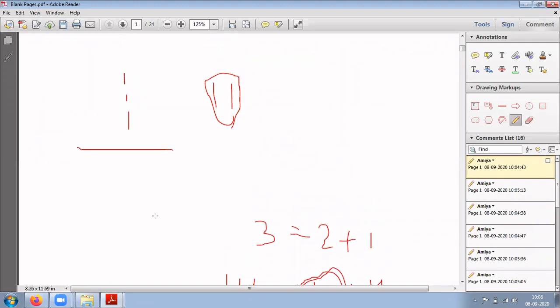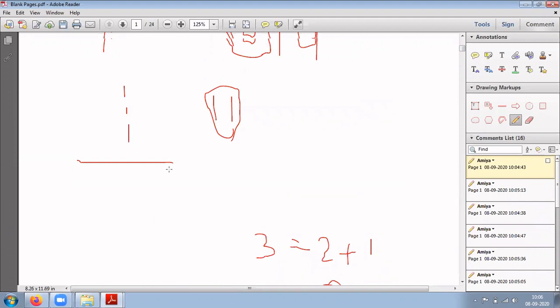So 1 plus 1 plus 1 becomes how much? 3. 3 can be written as 2 plus 1. After that this 1 will be kept here and 2 comes here. But 2 is nothing but 1 unit, like your decimal place.